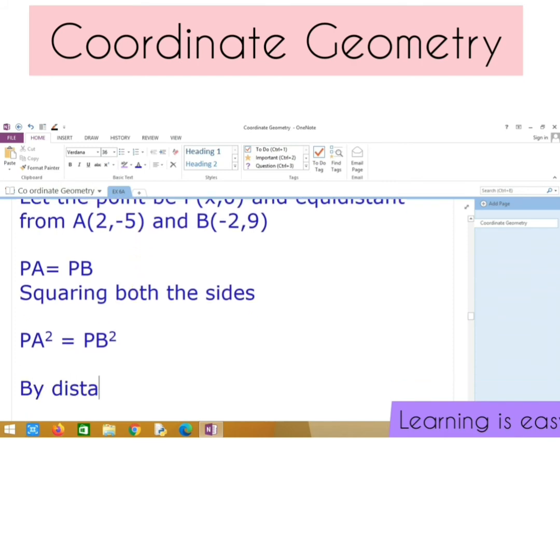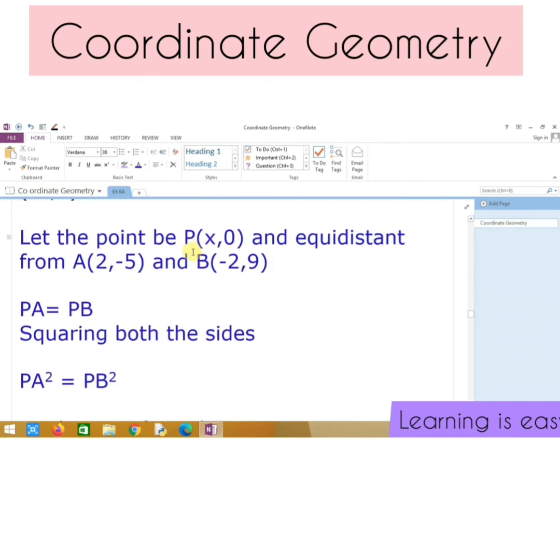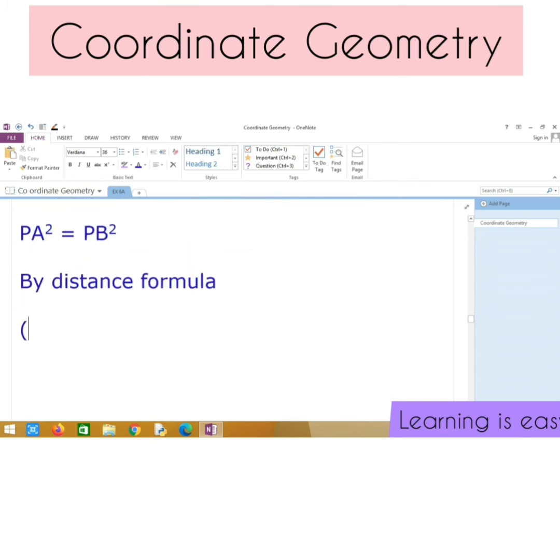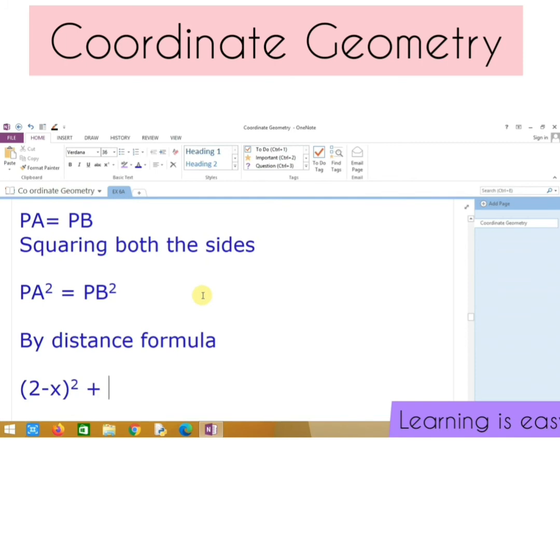So by distance formula, we can write PA coordinates. X coordinates are 2 and x. So (2 minus x) whole square plus, y coordinates are minus 5 and 0.